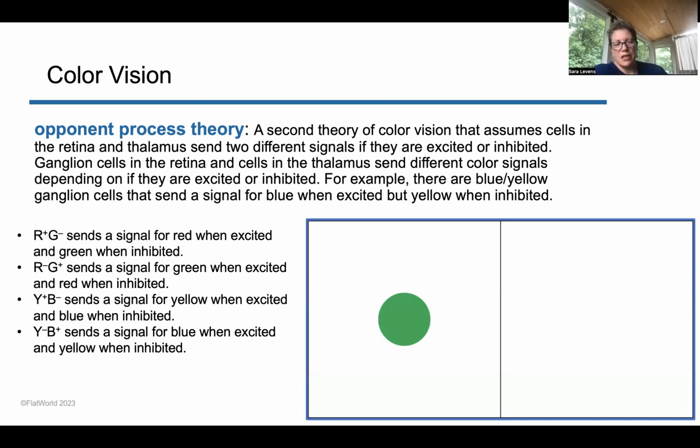So this is the idea for your cones and how they perceive the various colors. I'm just blanking on the word, guys, I'm so sorry.